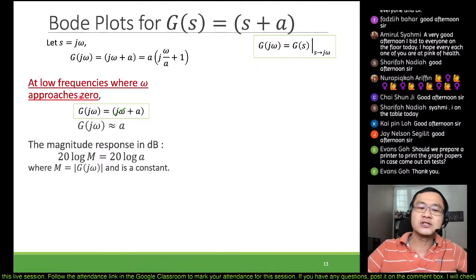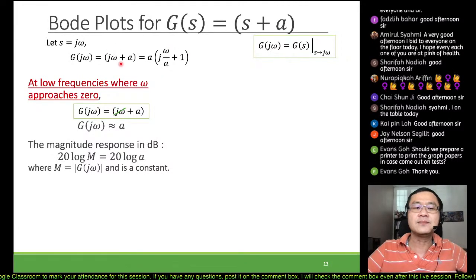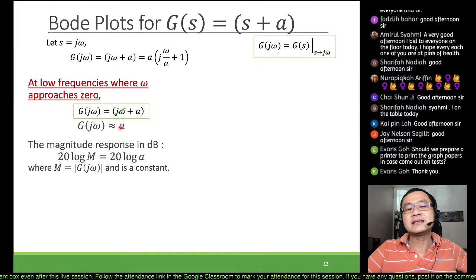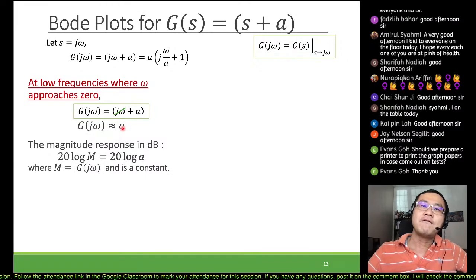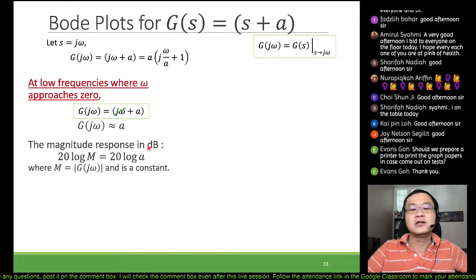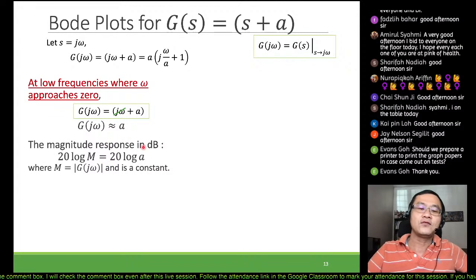When this approaches zero, the omega term is very small, and we can neglect it and approximate it as a. Therefore the magnitude of the transfer function is basically 20 log a. So this is how we get the magnitude for this low frequency.